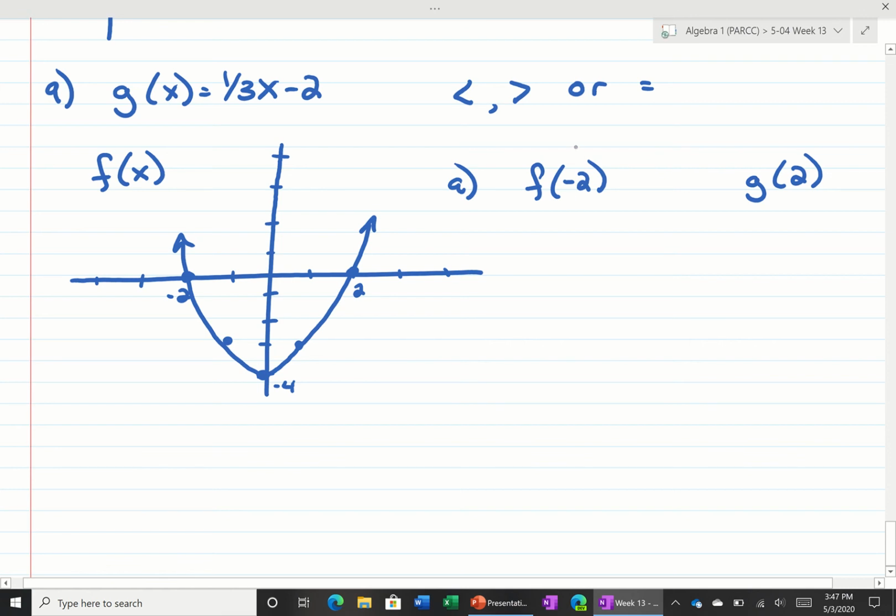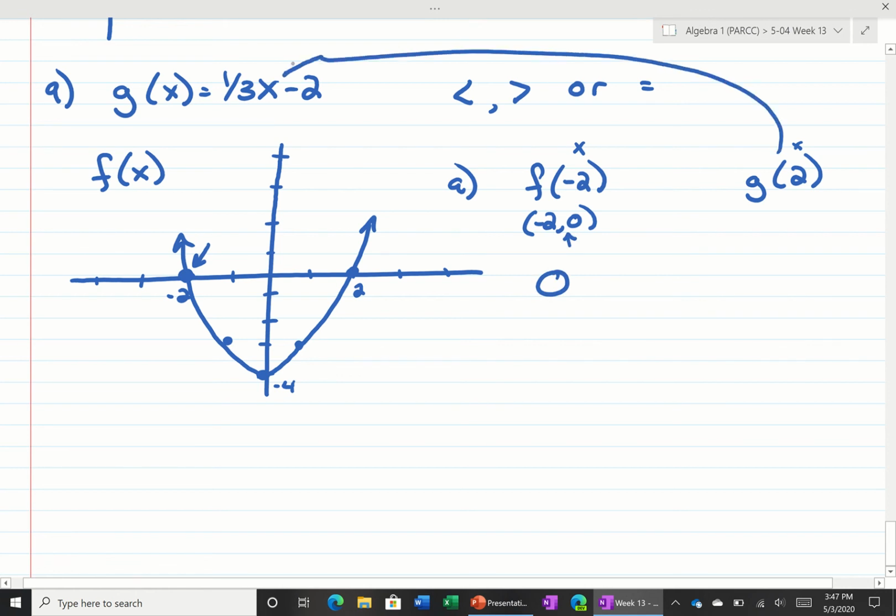So when x is -2, right there, we have this point. That's the point -2, 0. F of -2 means the y value. So that answer is going to be 0. And then to find g of 2, we're going to have to put 2 in for x.